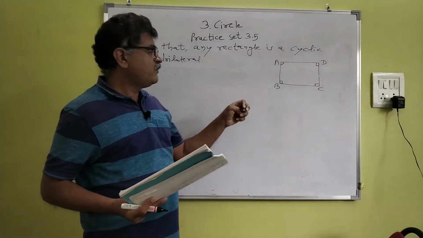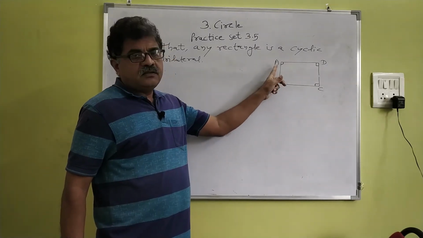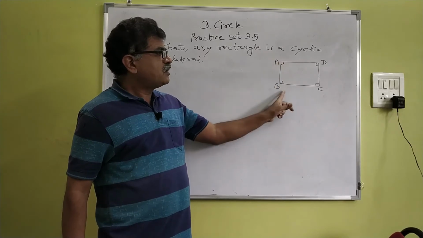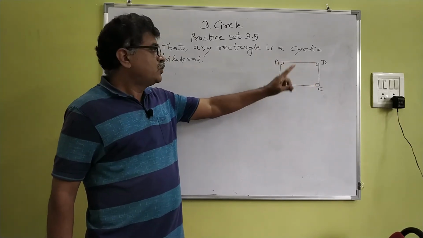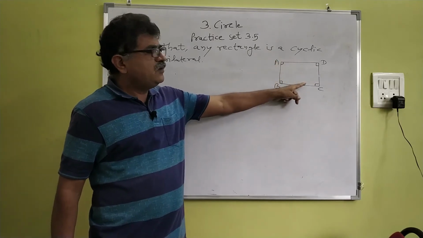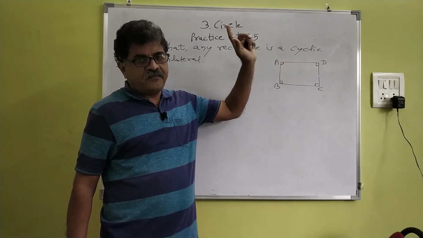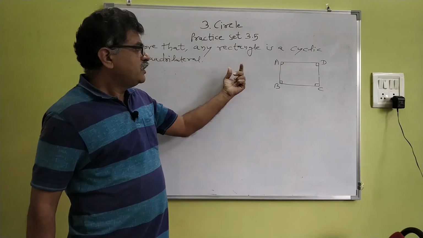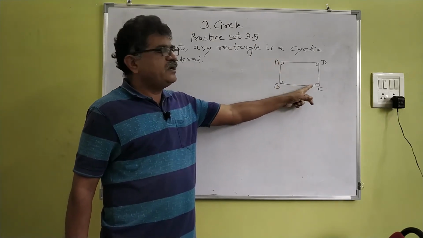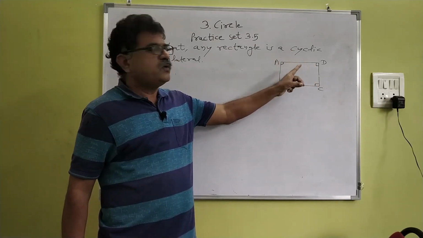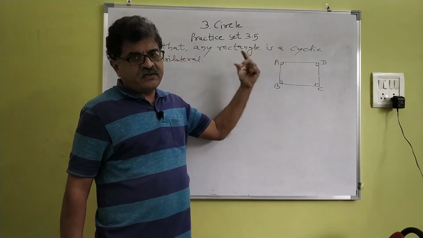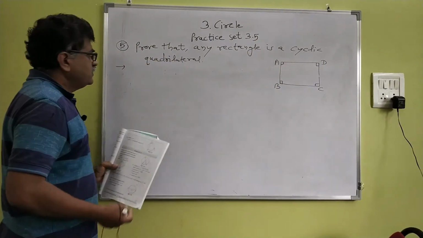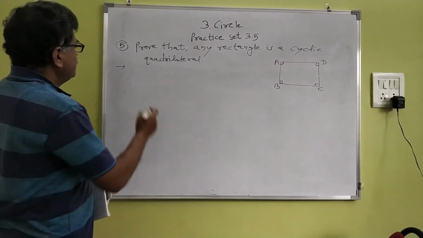Given: quadrilateral ABCD is a rectangle. To prove: quadrilateral ABCD is cyclic. Proof. Now quadrilateral ABCD is a rectangle, therefore all angles are 90 degrees. By using this, we see how we can prove this.